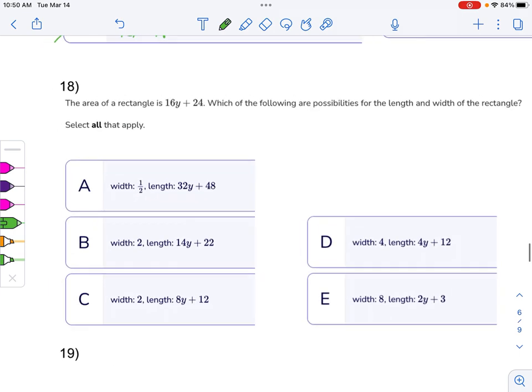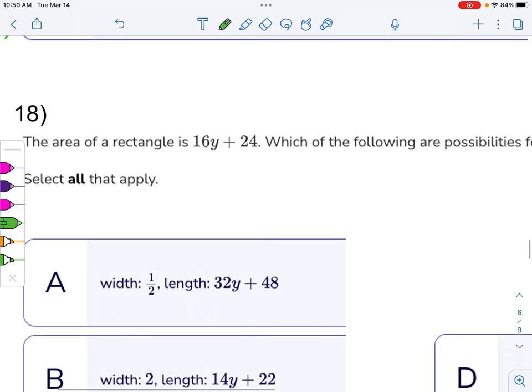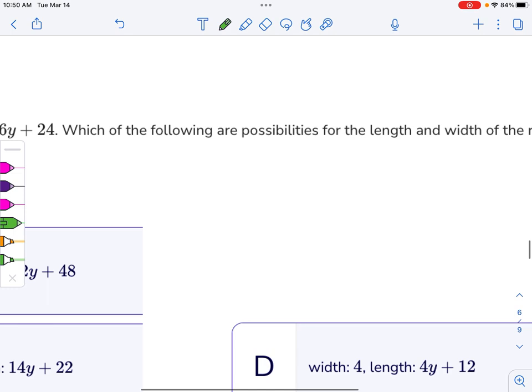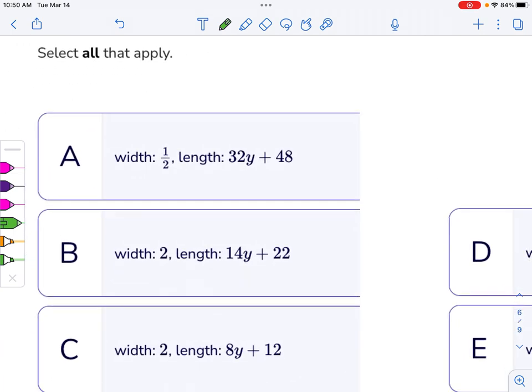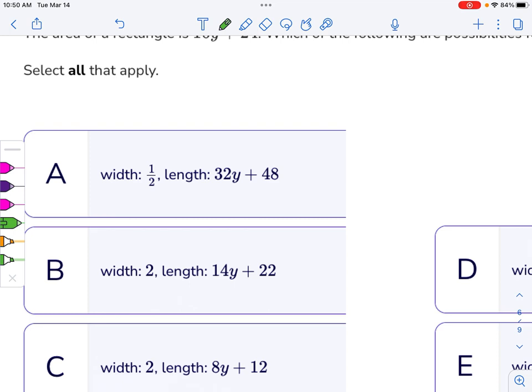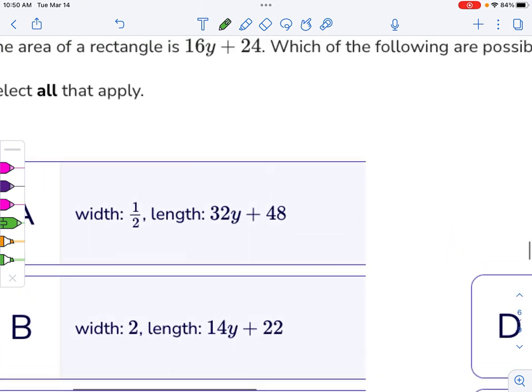Speaking of 2, let's do problem number 18. The area of a rectangle is 6y and 24. What are the possible lengths and widths of the area? Interesting. Okay, so the width is half. So it looks like this. This is what they're talking about. They're saying 1/2 times 32y plus 48.